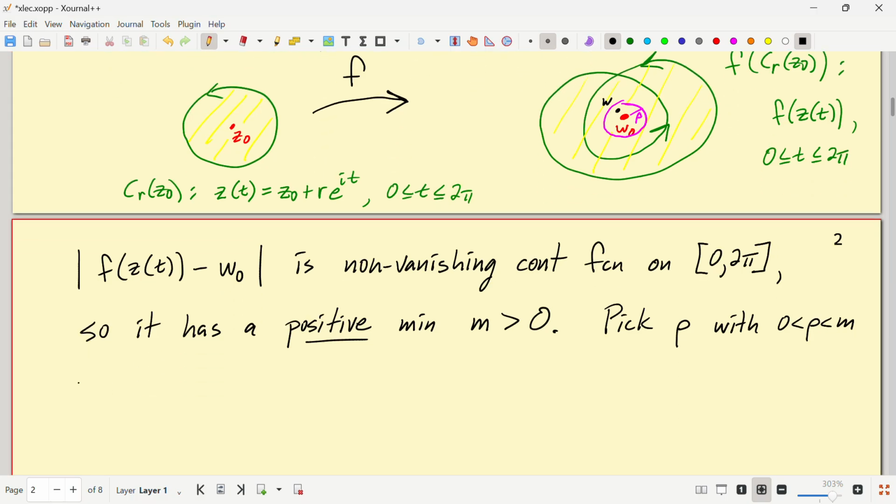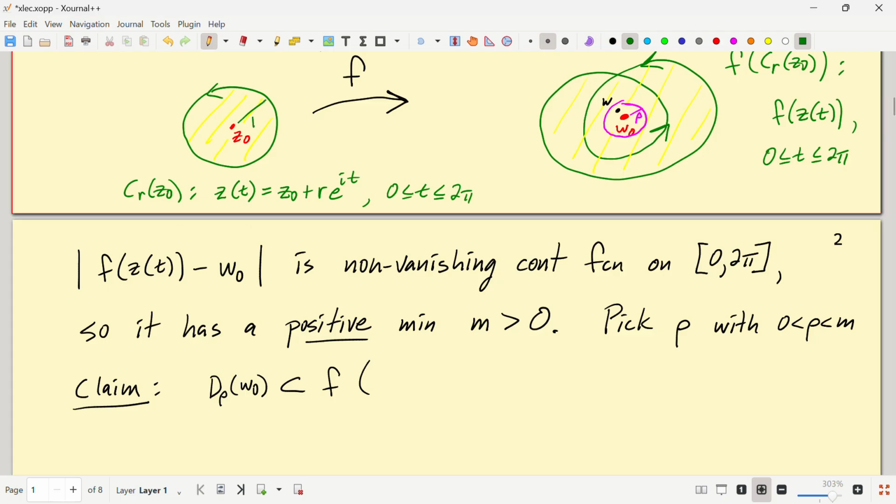So my claim right now: that little disk of radius rho about w naught is going to be contained in the image of my disk. I never called this something; this is radius R. That's going to be contained in the image of the disk of radius R about z naught.